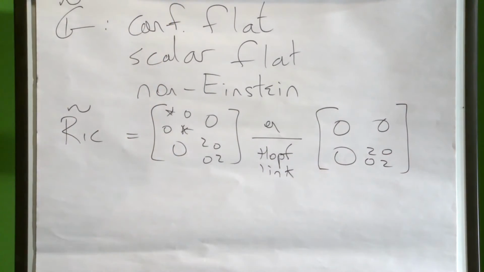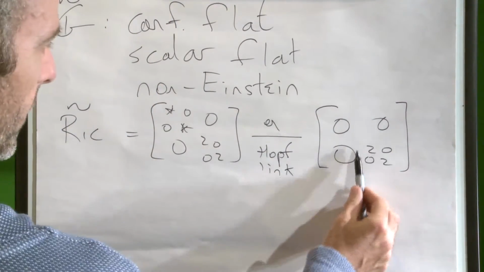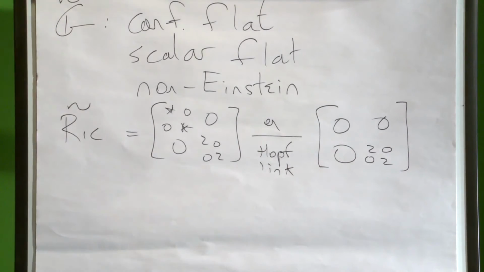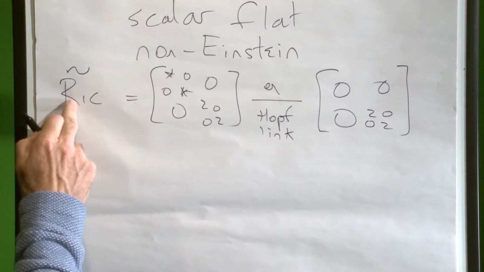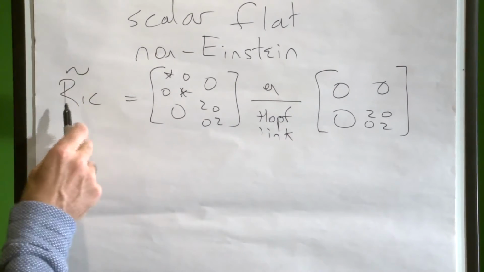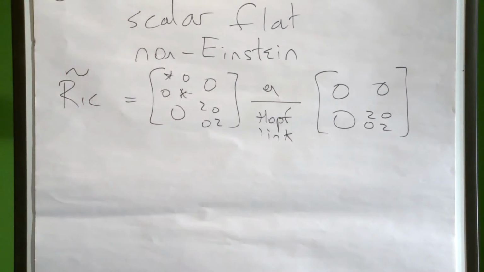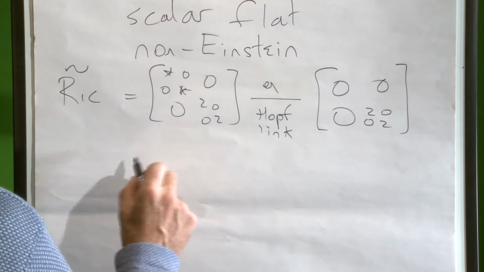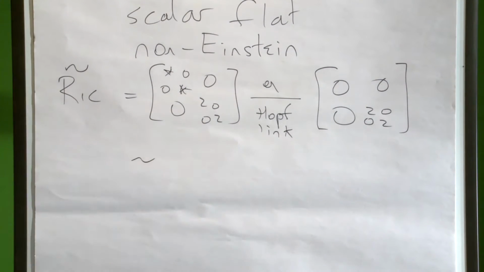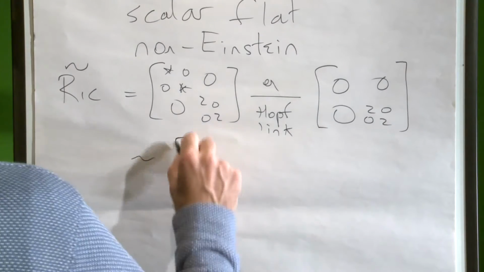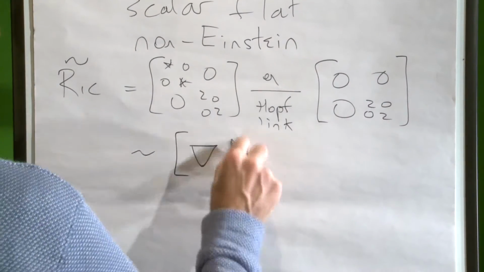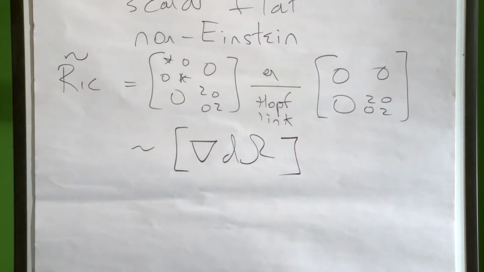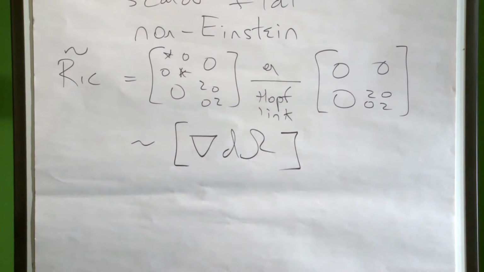So it's got a non-zero eigenspace down there and 0 everywhere else. Now, the Ricci tensor of this metric is related to the Ricci tensor of the original metric, which of course is flat, by the second derivative of the conformal factor. In fact, this is really the Hessian. So this is the second derivative of omega written as a matrix.